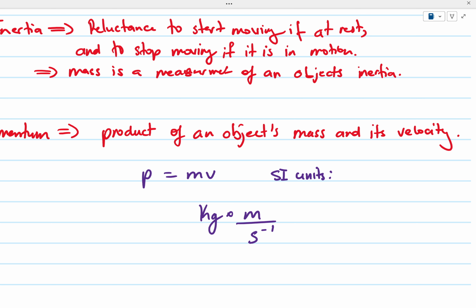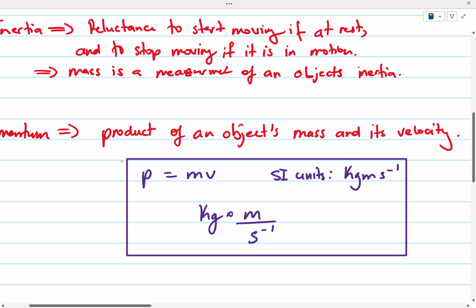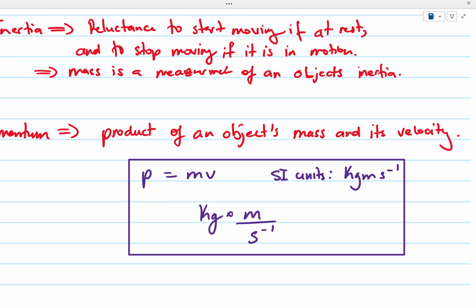It's going to be kilogram meters per second, so kg·m/s. So not newtons, but that. That's what we normally use for it.